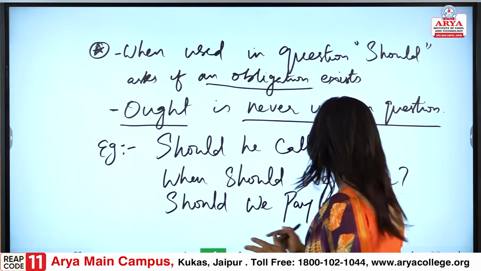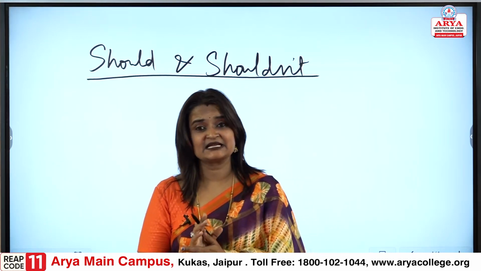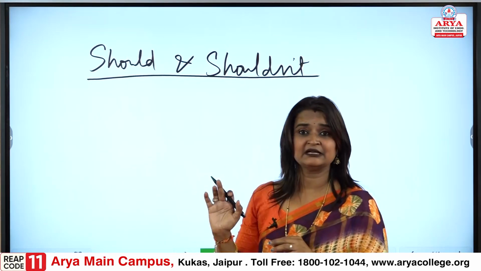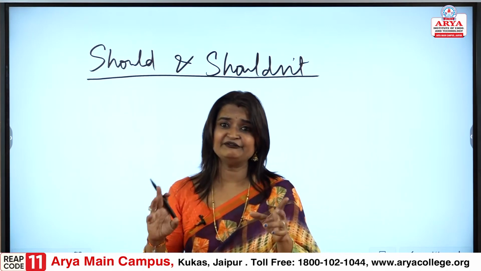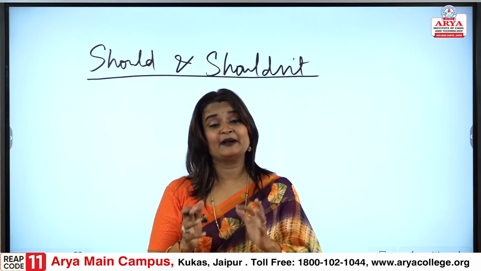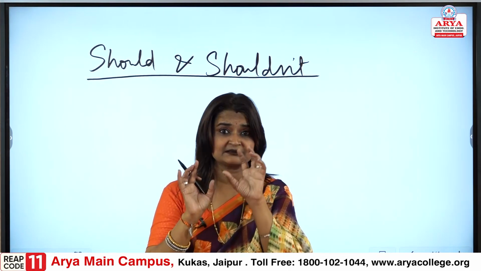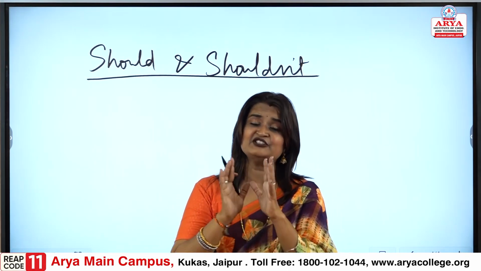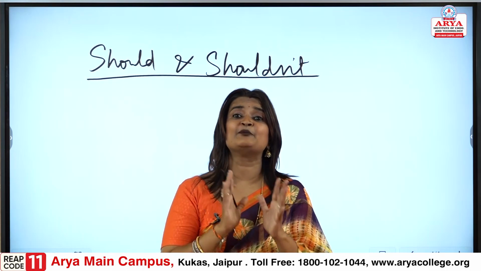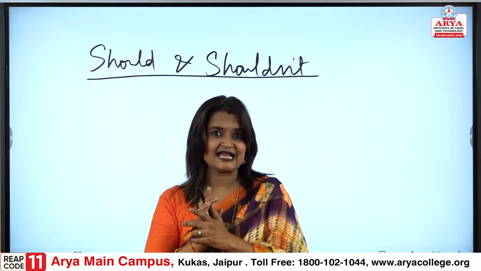Now, when we are going further, let us understand about should and shouldn't. So, again should is positive, shouldn't is negative, but again how do we use them, when do we use them, what are the conditions in which we can use them, what are we supposed to follow. So, let us understand this.